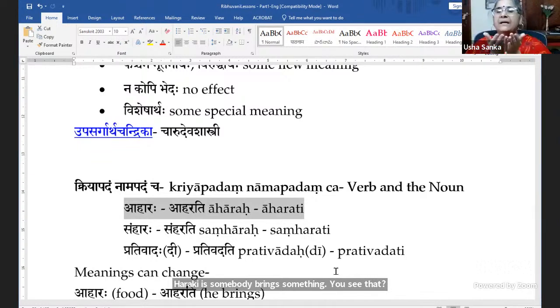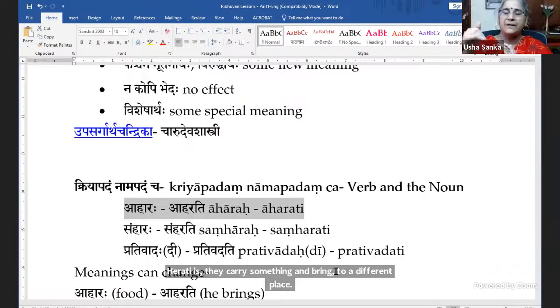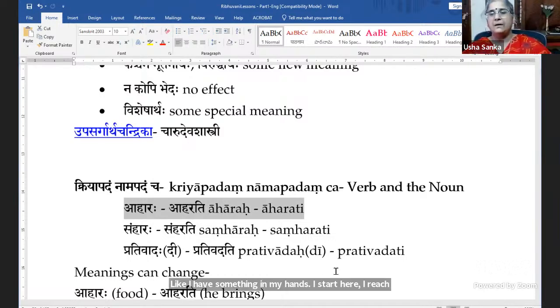Like I have something in my hands, I start here, I reach a different place, I put it there. Like I go to the market, I bring something and put it in the house. So I say aham aharami, I bring it. So where is eating and where is bringing? There is a change in the meaning.